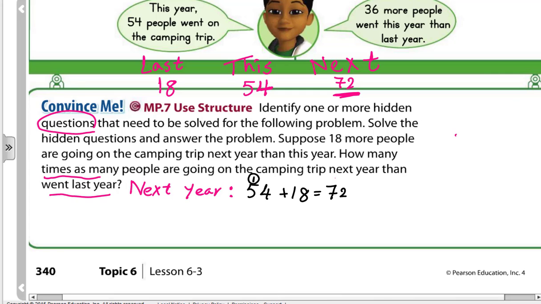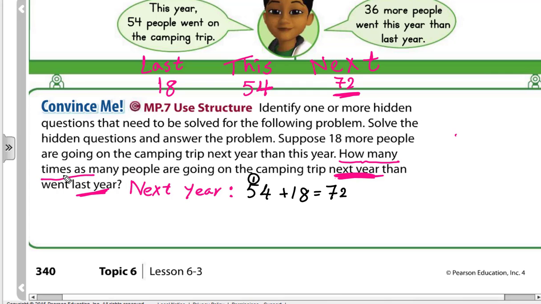And now the main question asks us how many times as many people are going next year than last year. Okay, give me any letter to use as the number for how many.